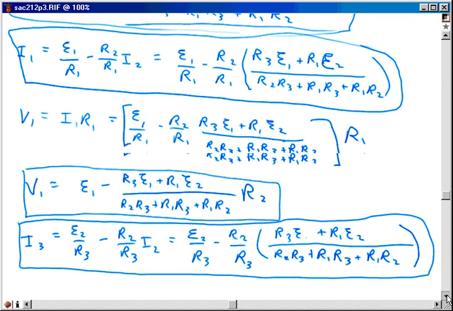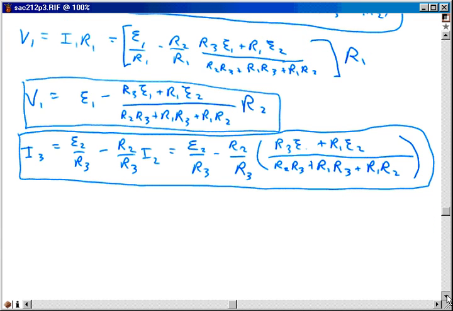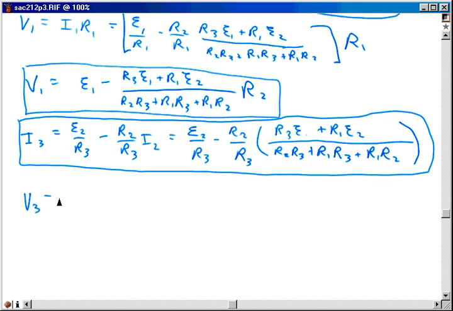And then multiply that by R3 to get V3. That's E1 plus R1 E2 over R1.